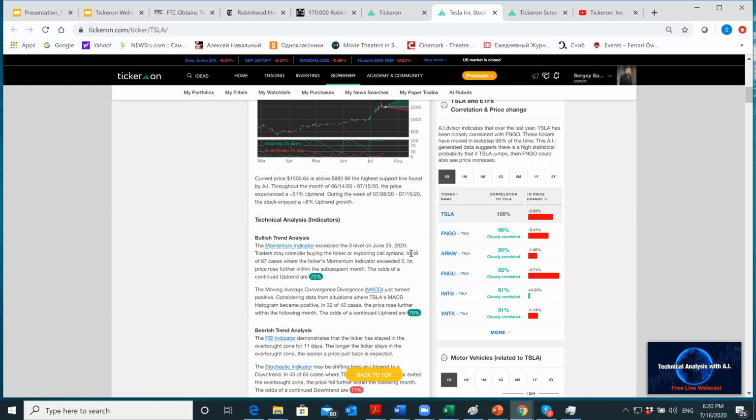And out of 67, 48 confirmed that the momentum is positive. So what it means is it shows here that there's a 72% odds of success of the stock continuing to go in the bullish direction, up.